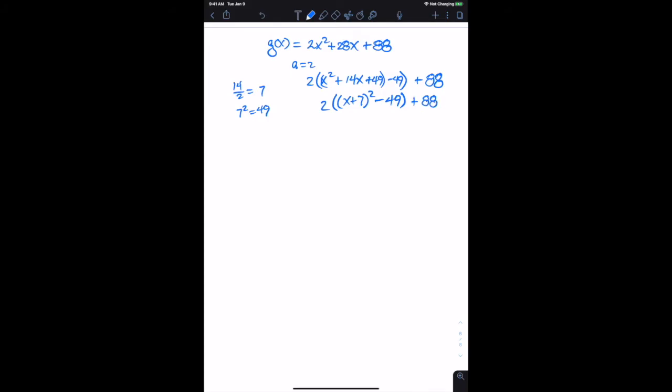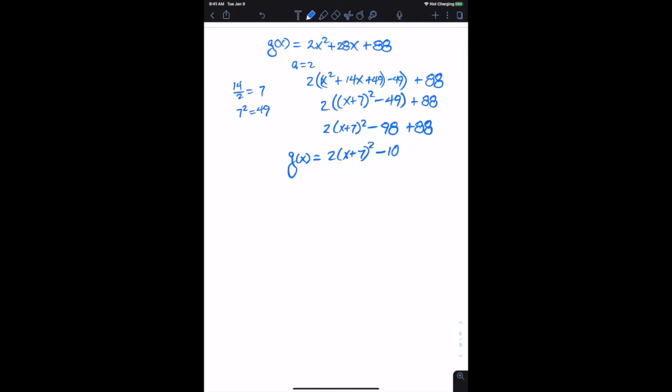The next step is to distribute the 2 back into the parentheses so that we're removing the outer set of parentheses. And so that becomes 2 times x plus 7 squared minus 98, which is 2 times 49, plus 88. And now we just combine negative 98 to positive 88, which is just negative 10. And we've got the 2 times x plus 7 squared. And that's my new form of g of x.